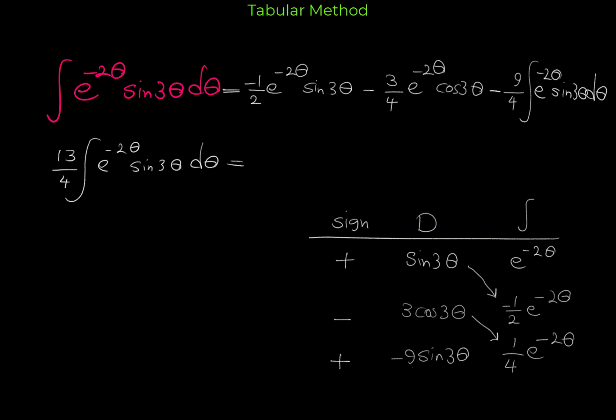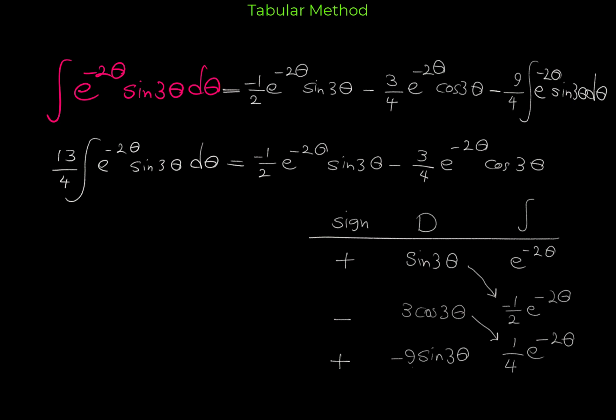d theta is this: negative 1/2 e to the negative 2 theta sine 3 theta minus 3/4 e to the negative 2 theta cosine 3 theta. To get rid of this, we multiply both sides by its reciprocal.